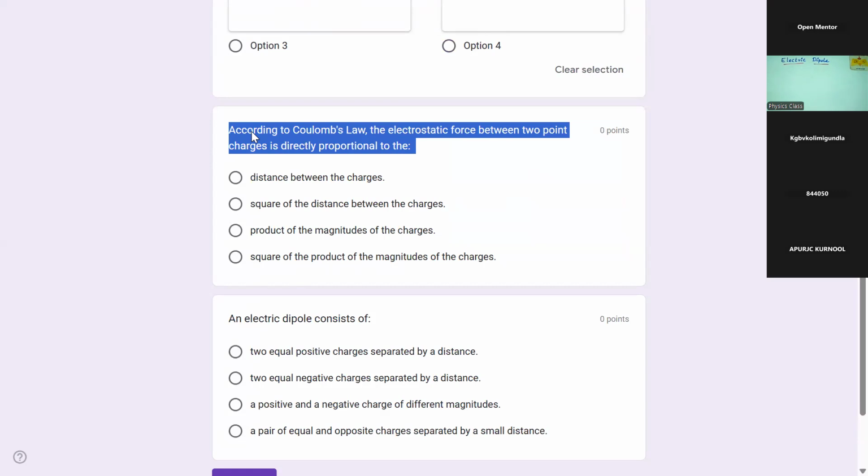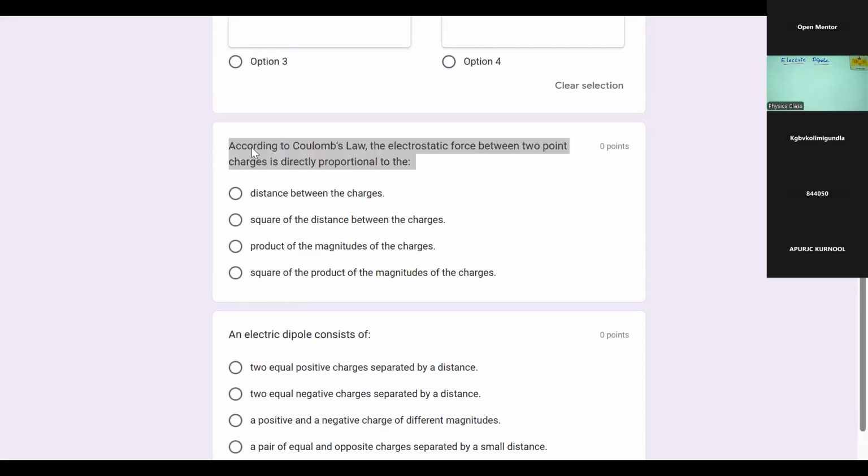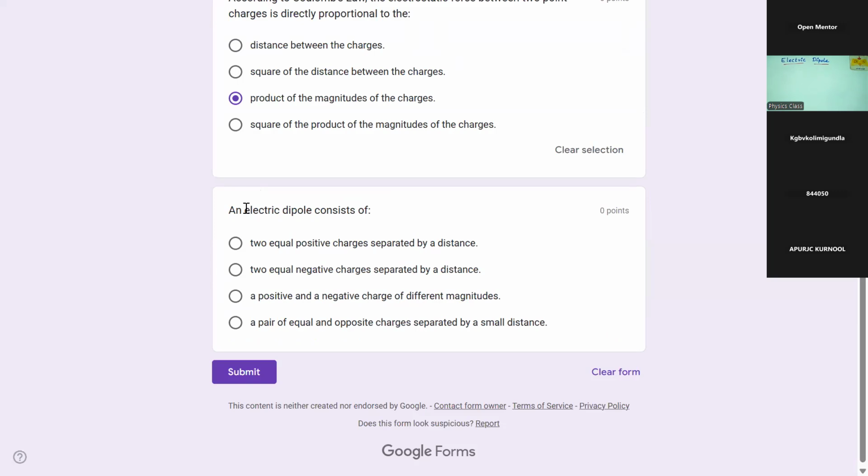Option 3. Good. So the product of the magnitudes of the charges. Then we will move on to the last one.